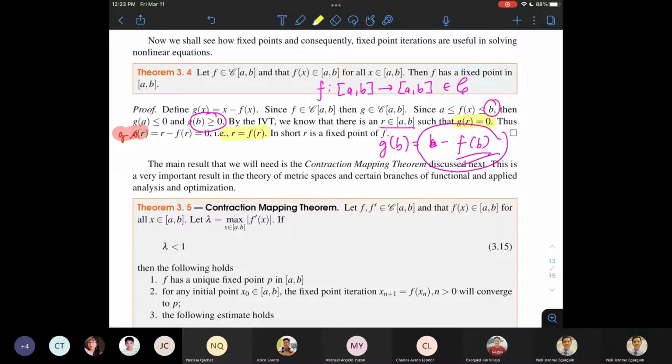All right? So yun pala, para siya ay magkaroon ng fixed point, dapat siya ay function from AB to AB. Tapos continuous. Tapos kung continuous yung function, tapos nag-define ka ng fixed point iteration using f, then we are sure that if that function f, if that fixed point iteration converges, then it will converge to the fixed point r on that interval.